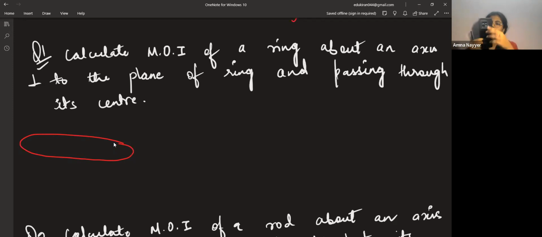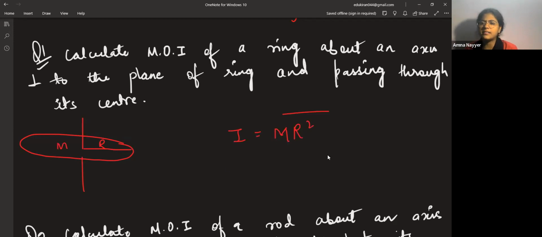If I draw it like this, this will be the Y, Z plane. If I keep it like this, X, Z. So this is the plane I am showing. The axis is perpendicular to the plane of the ring, passing through its center. Suppose the radius is r and mass is m. So what will be the moment of inertia? Simply mr square. That's it.